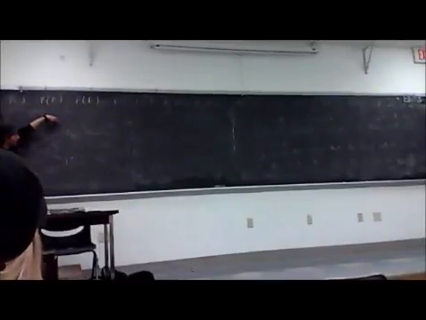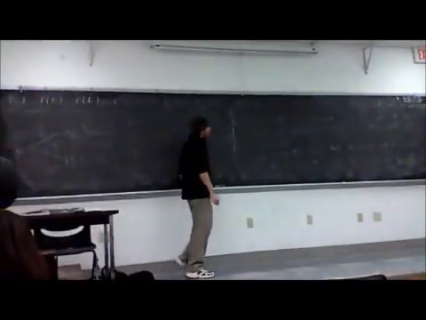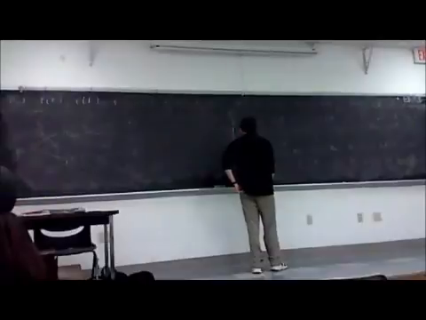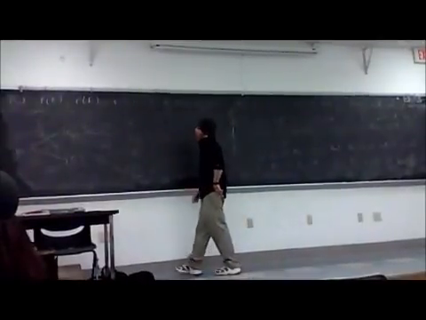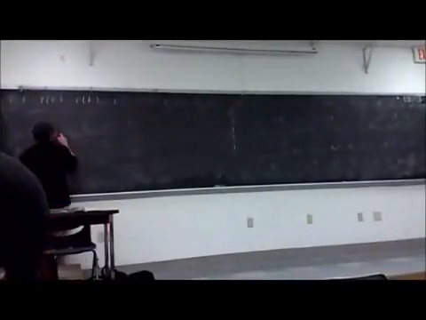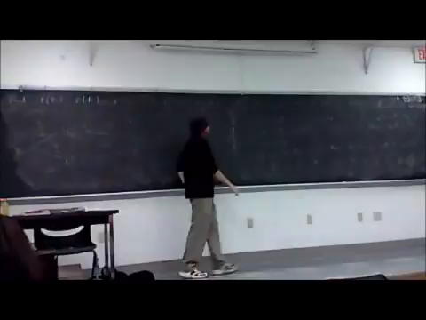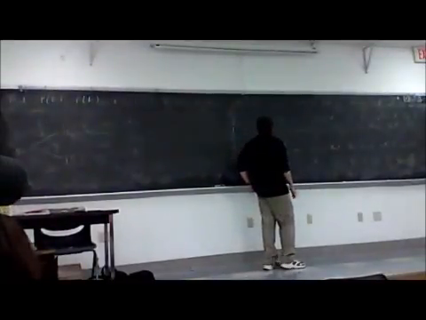So if you pull a red ball out the first time, then what's the probability that you pull red the second time? So if you get red the first time, then you throw the red ball out and you replace it with a green ball, right?